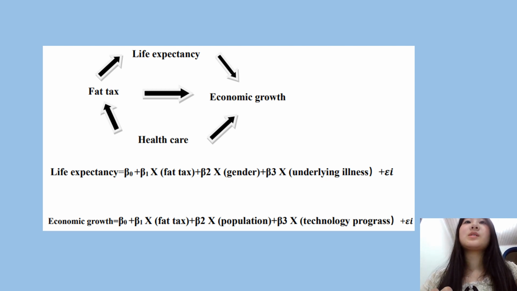In the first of these equations, we use life expectancy as a measure of health, and we assume that life expectancy will be affected by gender, underlying disease, fat tax, and other factors, for example, the error term.